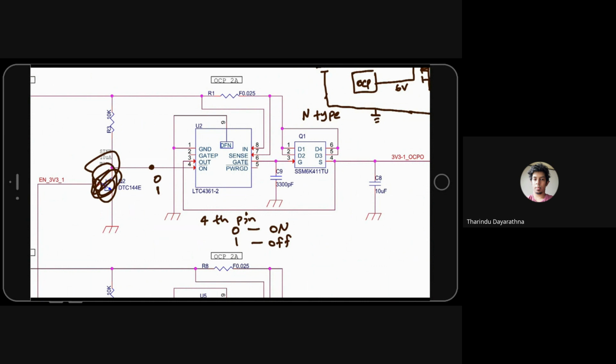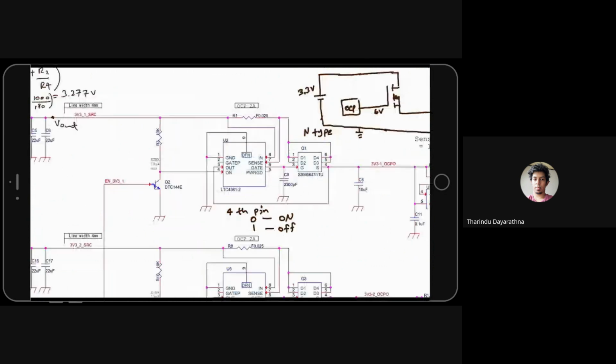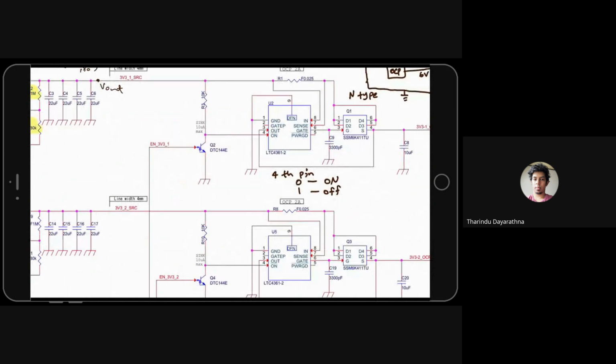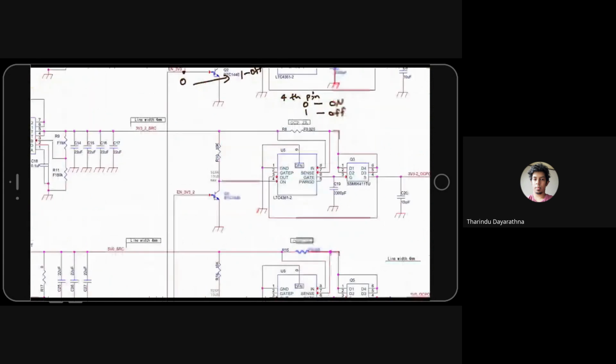To invert this logic, we use this NPN transistor. If we make it 1 here, this will be 0. If we make it 0, this will be 1. So now in the logic you map 0 to off and 1 to on. Understand? So basically it inverts the logic coming from the PIC.